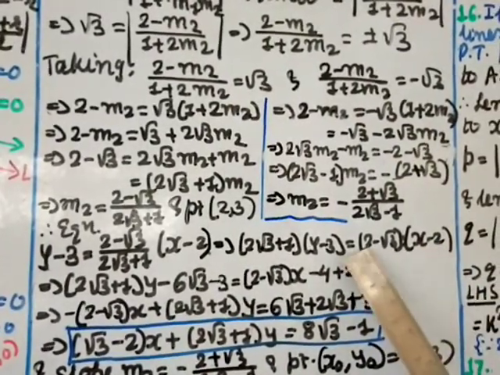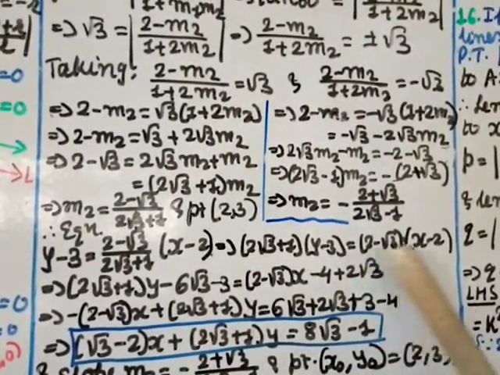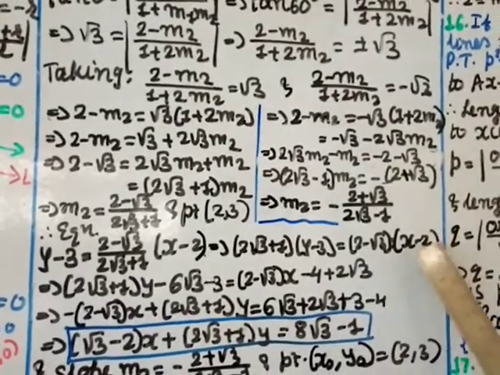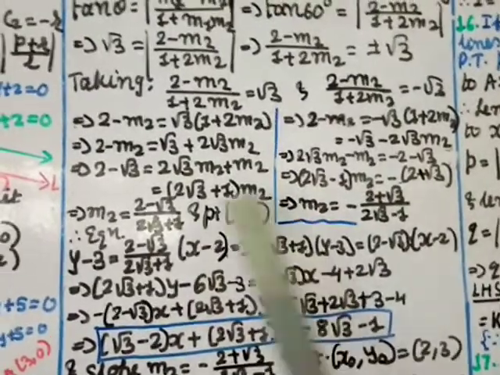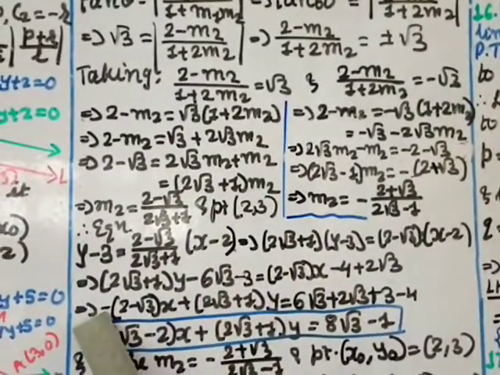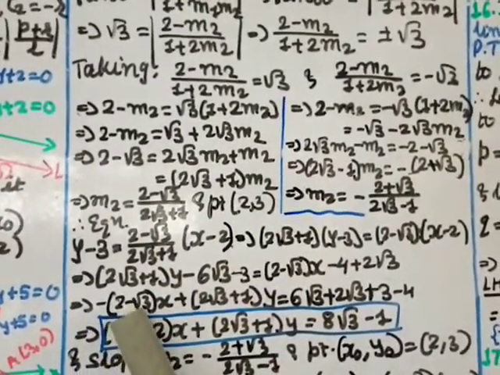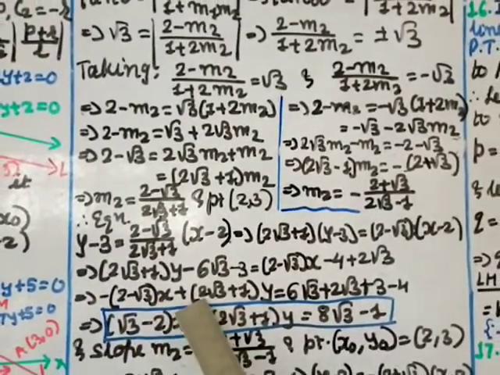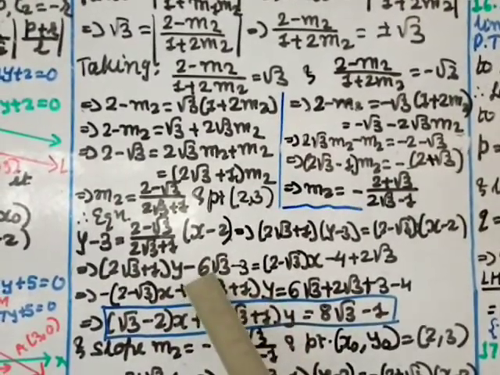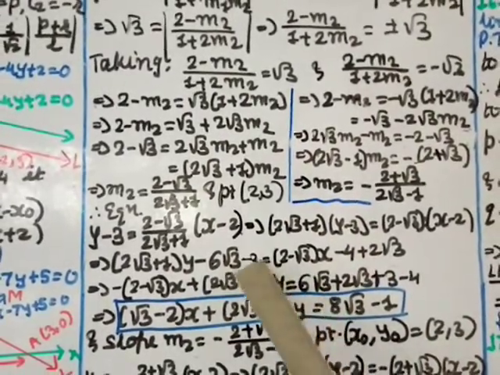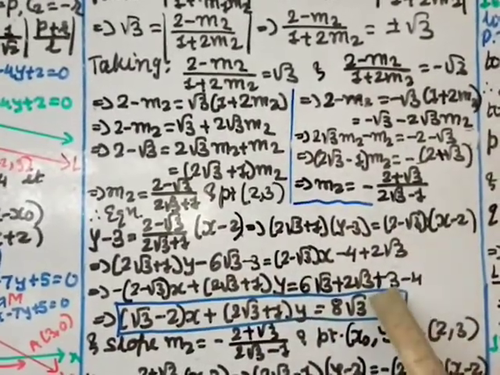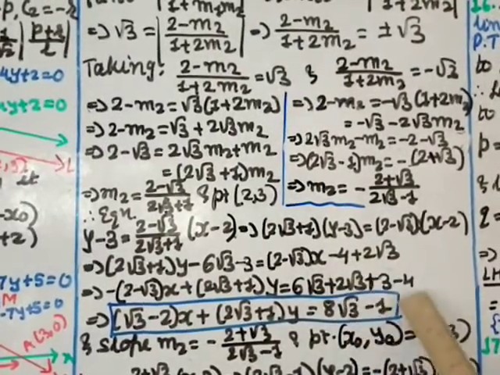So minus 2 into 2 is minus 4, minus root 3 into minus 2 is plus 2 root 3. Okay, so this gives you this, transfer over here. When you transfer, it becomes minus 2 minus root 3 x, this 2 root 3 plus 1 y, and this minus 6 root 3 transferred over here becomes plus 6 root 3, and minus 3 transferred over here becomes plus 3. Here 2 root 3 is there and this minus 4 is there.